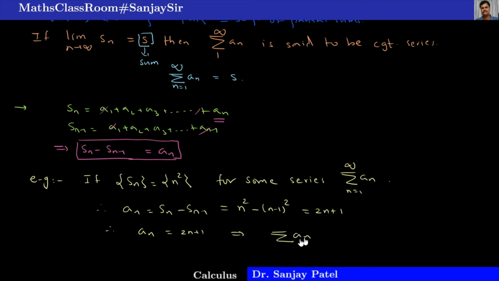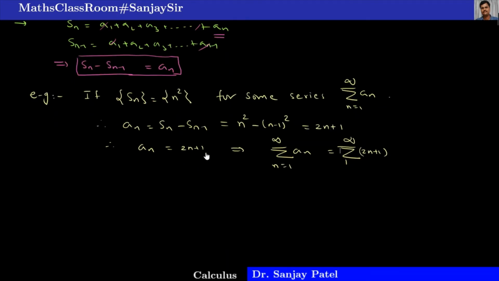And therefore this series sigma an, n is equal to 1 to infinity, is sigma (2n minus 1). That means this is the series of odd numbers. So I can write sigma an in this case as 1 plus 3 plus 5 plus 7 plus 9 and so on.